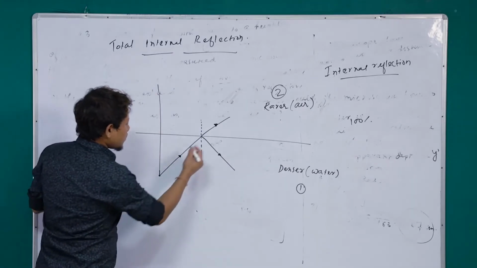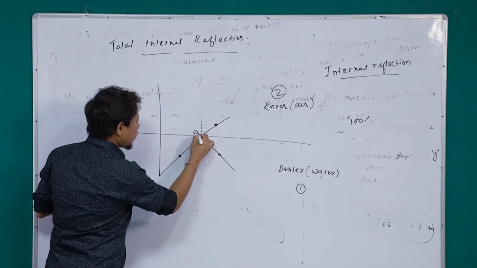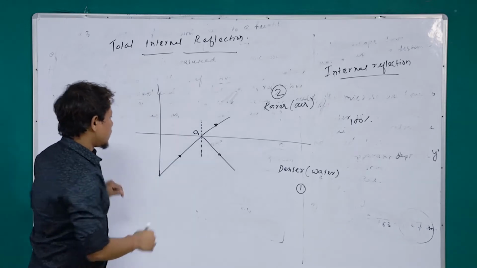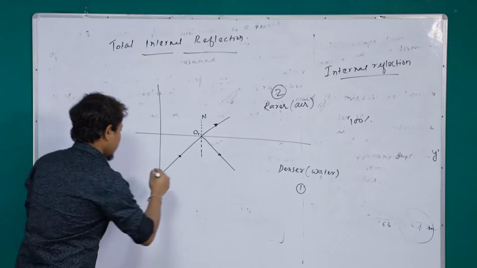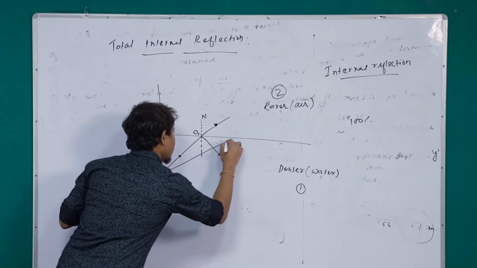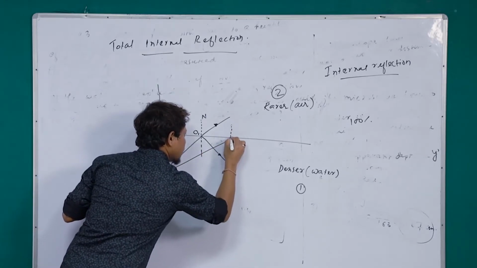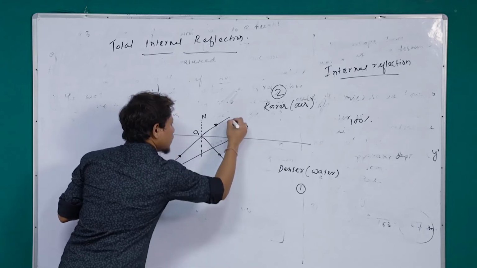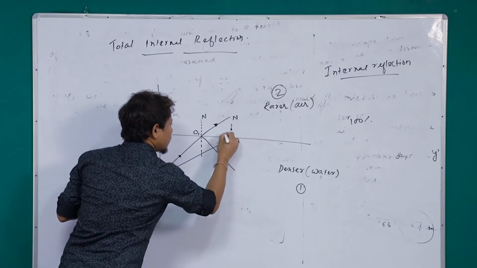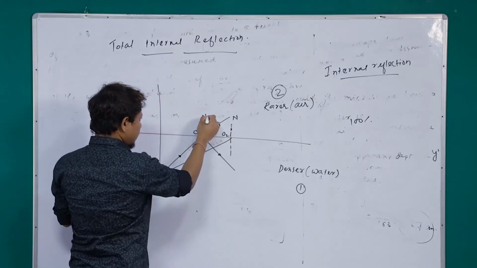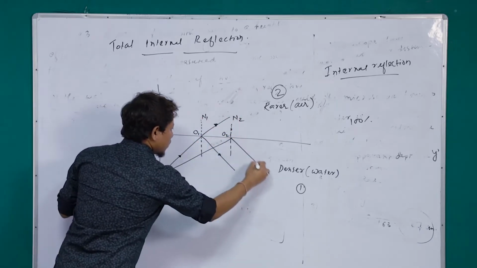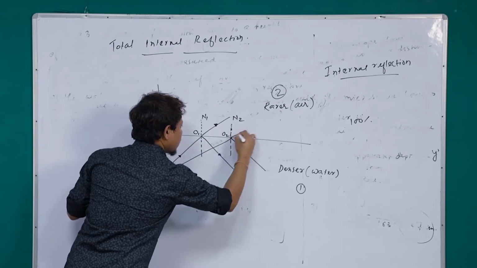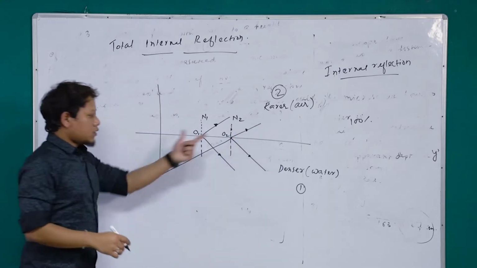Here we can take this as O1, the point of incidence, and here I am drawing the normal to the interface. This is again the normal to the interface. So this is N1, normal 1, and normal 2. Here also the same case is happening.